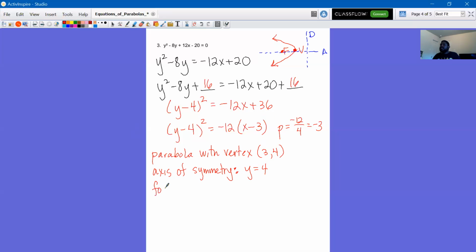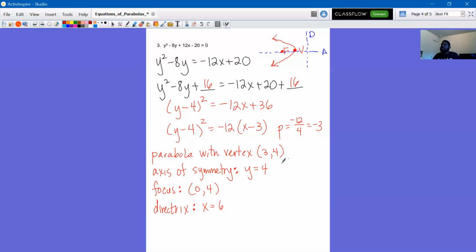Our focus is going to be at (0, 4). And our directrix is going to be at x = 6.